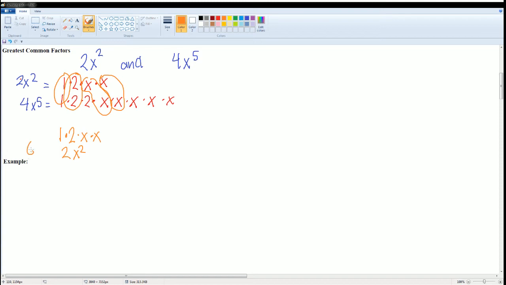So the GCF is equal to 2x squared. If you follow, this is called the vertical method, where you stack them on top of each other and collect the factors that look the same. That's an easy way of how to get the GCF.